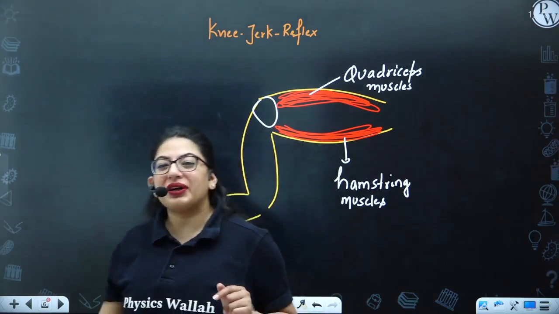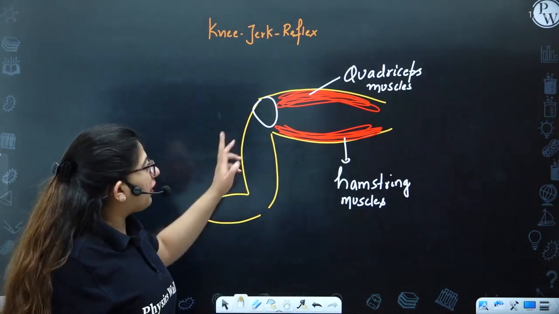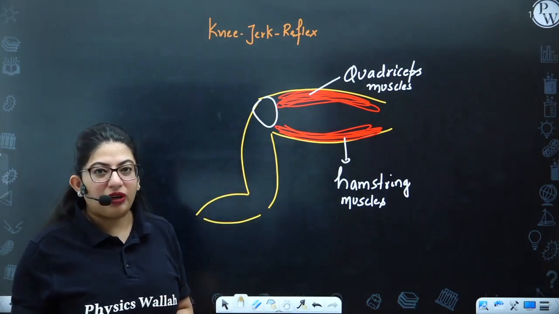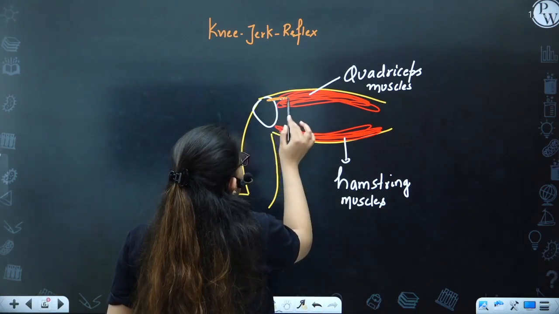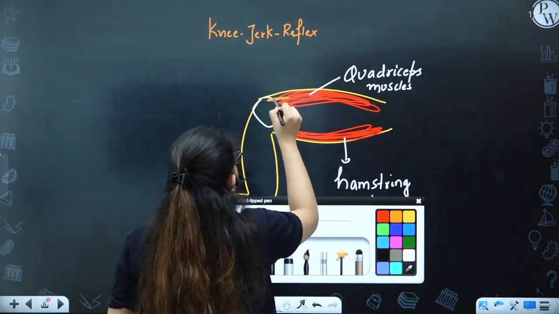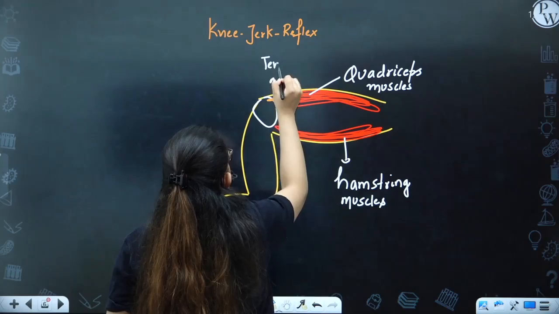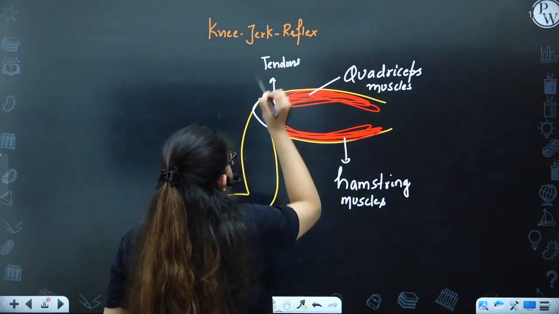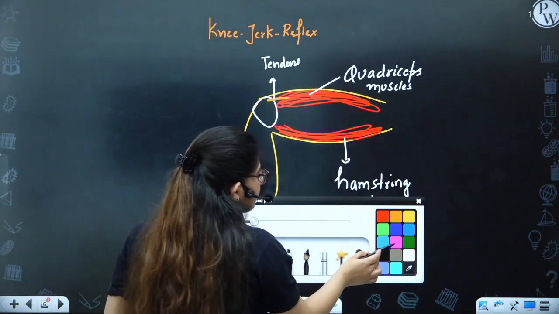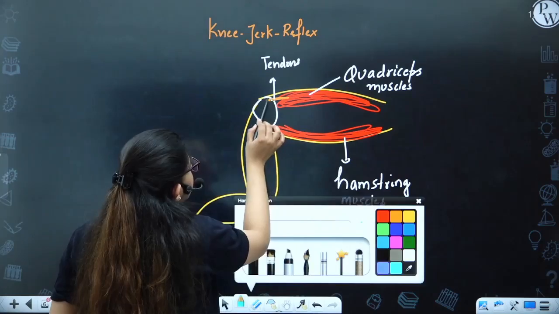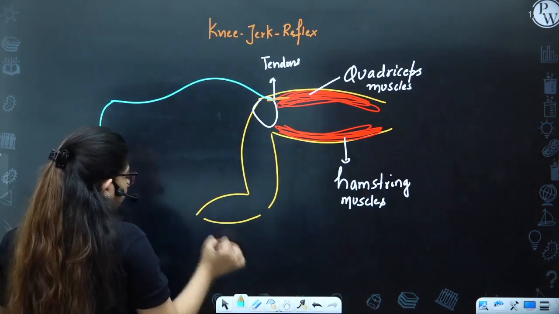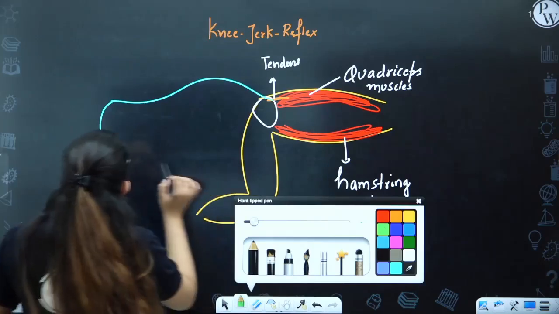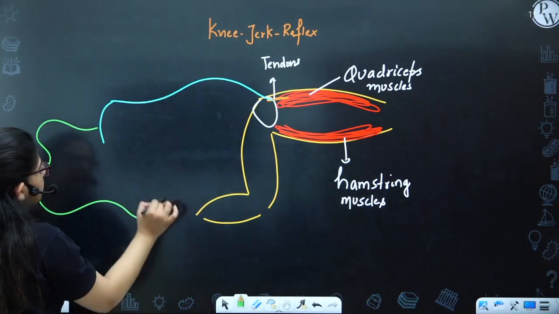So here what happens is, if accidentally you get hit here, you have tendons present here. What is a tendon? That which connects muscle to bone. And these tendons have sensory receptors. Now these sensory receptors have a sensory neuron which will send information to your central nervous system.